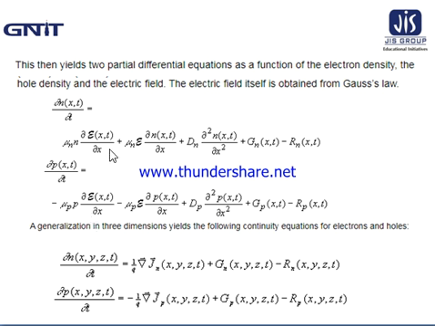That's for the electron, and that is for the hole: del p(x,t) by del t equal to minus mu p del E(x,t) by del x plus mu p del p(x,t) by del x plus Dp del square p(x,t) by del x square plus Gp(x,t) minus Rp(x,t).